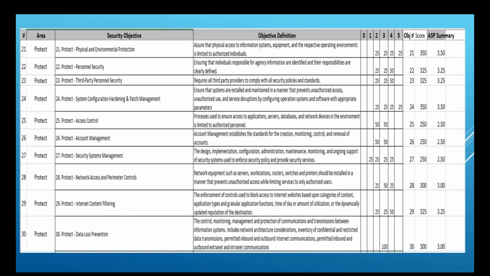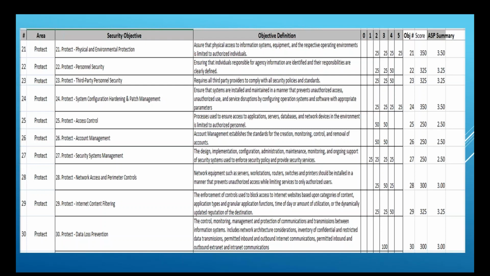We'll move on to the next group, physical and environmental protection. Again, we're still in protect. And again, I compliment most schools that you don't let somebody in that doesn't have a background check. Your doors are locked. We're not talking just about your data center, but we use key access to get into that.